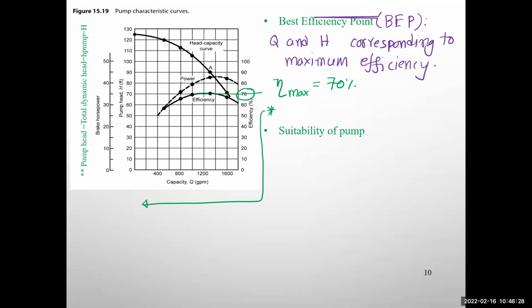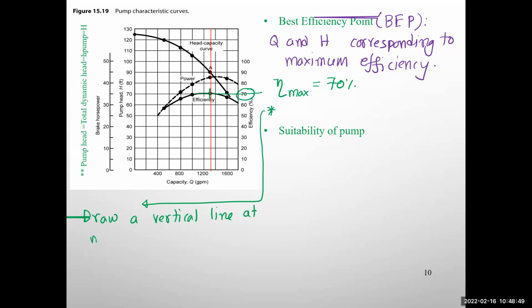Any idea? How can we find the H and Q at this point? You draw a vertical line and see where it hits the head capacity curve. Great, yes. So draw a vertical line. Are you seeing that red line here?